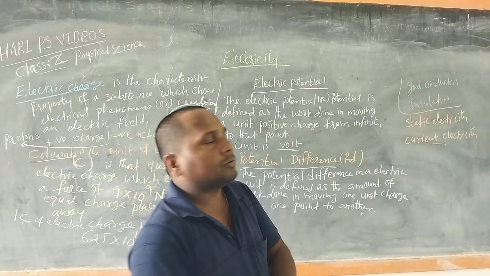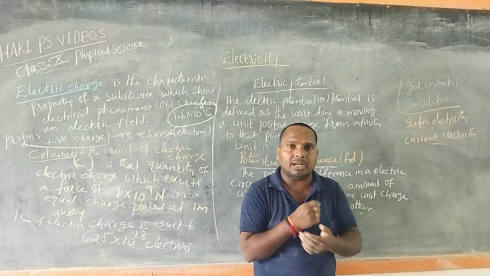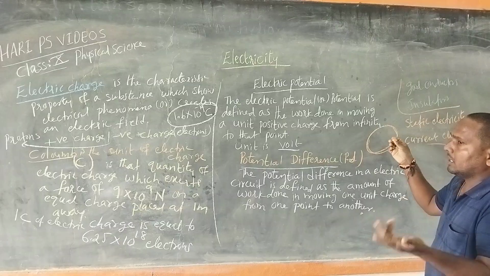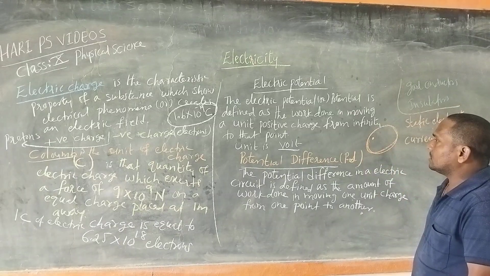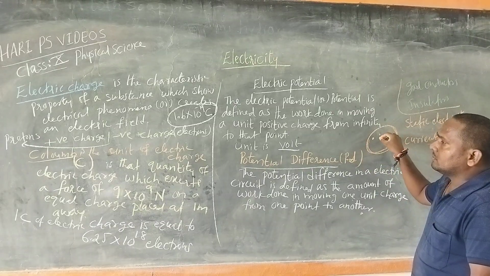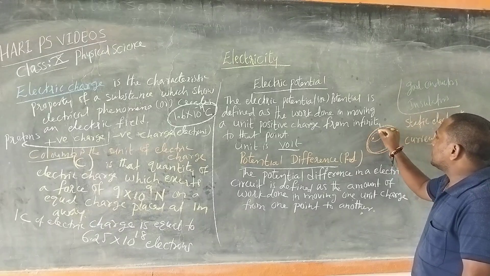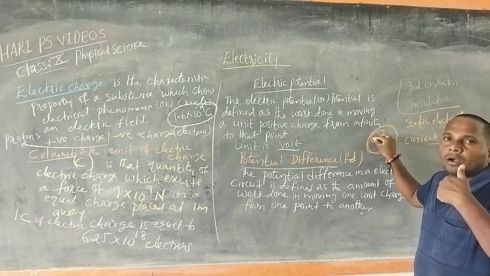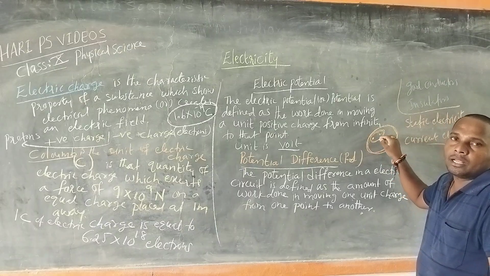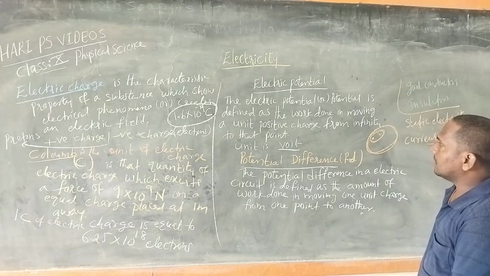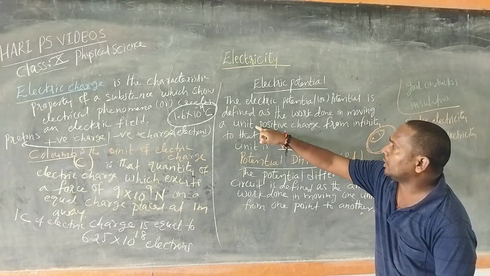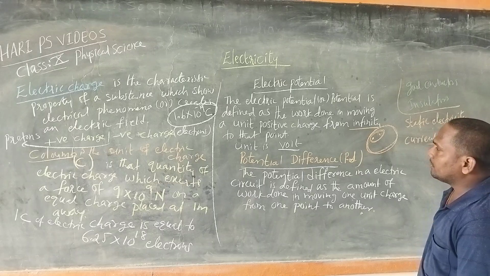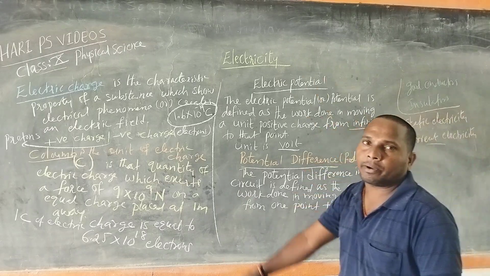If a unit positive charge is placed in an electric field, another positive charge is also there. To overcome the repulsion between these two positive charges, we need to apply some force. When the force is applied, some work is done: the work done in moving a unit positive charge from infinity to that point.